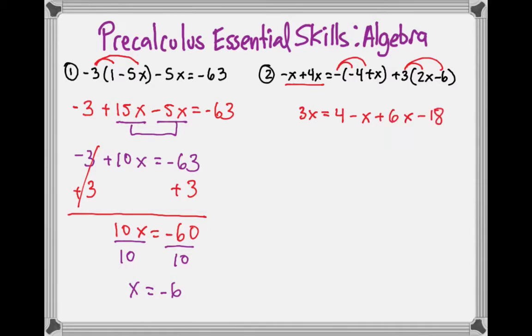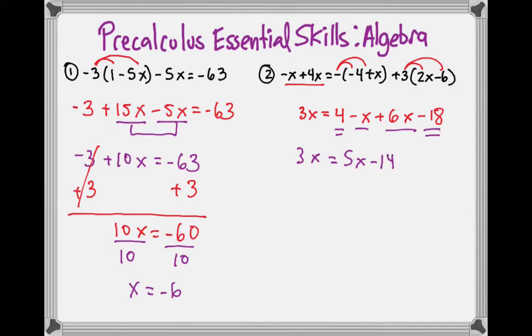Okay. Next step is that I'm going to collect like terms on both sides. Looks like the left-hand side is all set with this, a 3x, so I'm going to bring that down. And I have a 4 and a negative 18 and a negative x and a positive 6x. So on the right-hand side, I'm going to get 5x and then minus 14.